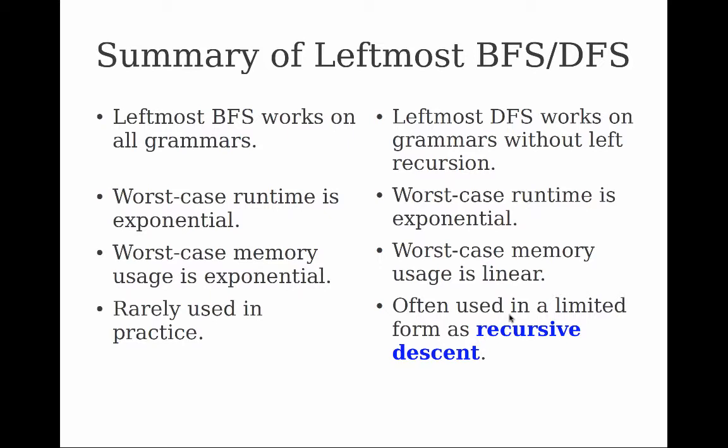On the other hand, leftmost depth-first search works on grammars without left recursion. Its worst case runtime is also exponential, so we haven't done much better there. But its worst case memory usage is linear, so we've done way better there. You see this technique used often in what's called recursive descent parsing, which I described a little bit earlier.